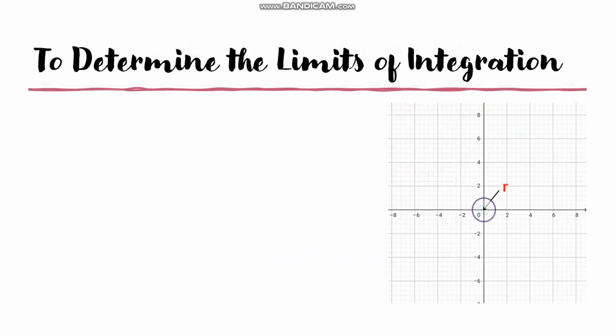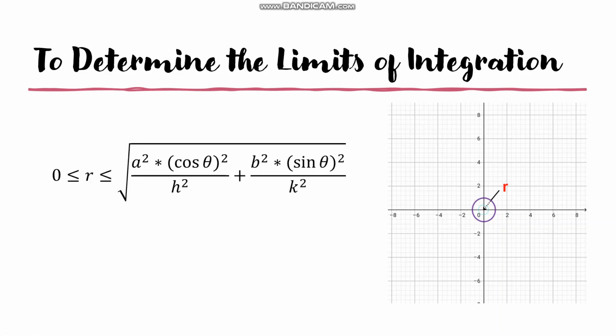Now we can graph our equation to determine the limits of integration. So if a, b, h and k are 1, our graph will be so. As you can see, we can take r from 0 to the square root of a squared multiplied by cosine theta squared divided by h squared plus b squared multiplied by sine squared theta divided by k squared.